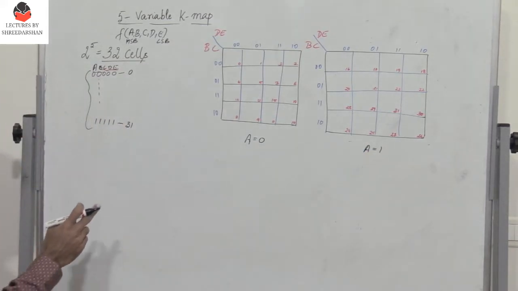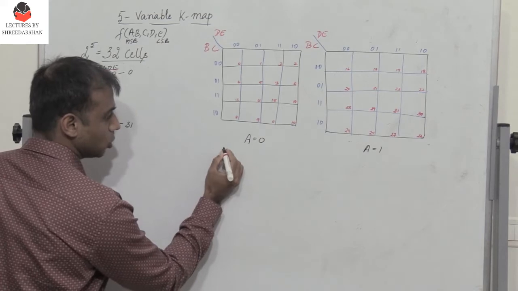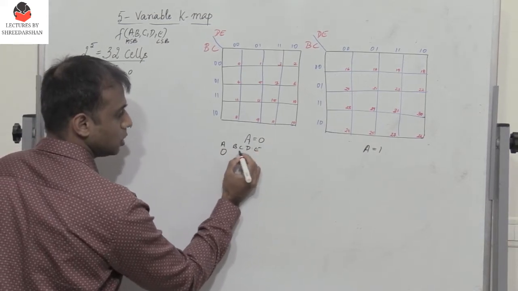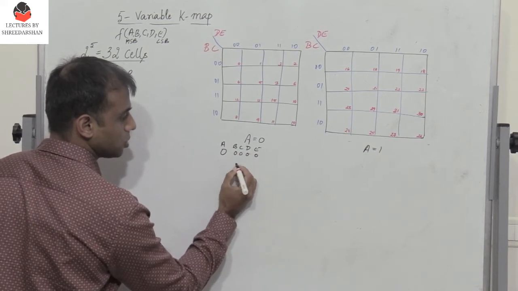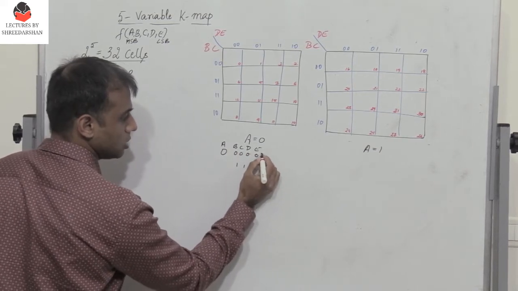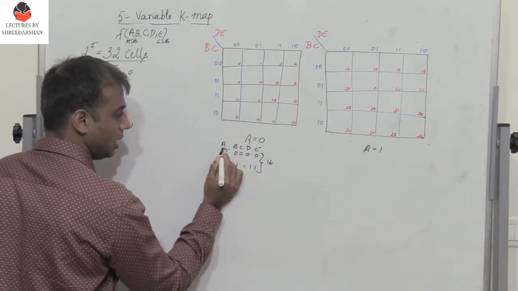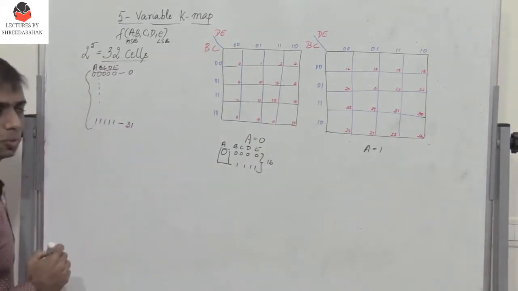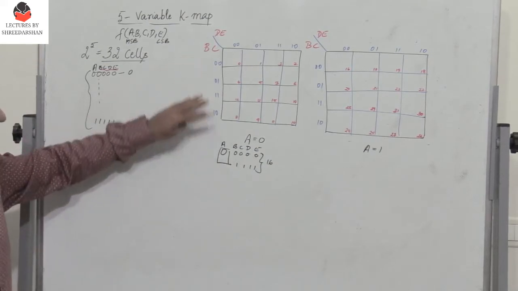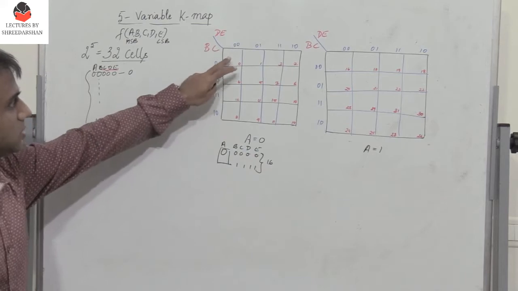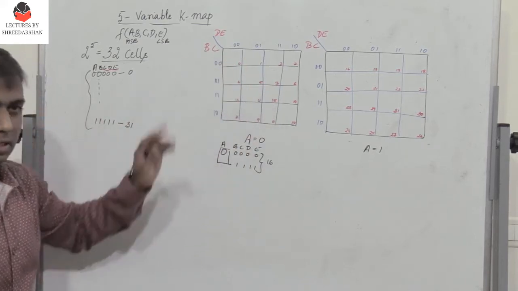Now what does this mean? I have A equal to 0 and I have B, C, D, E, which varies from 0 0 0 0 to 1 1 1 1. So I have 16 combinations or 16 cells where the value of A is 0. So this K-map represents where A is 0 and B, C, D, E varies from 0 to 15.